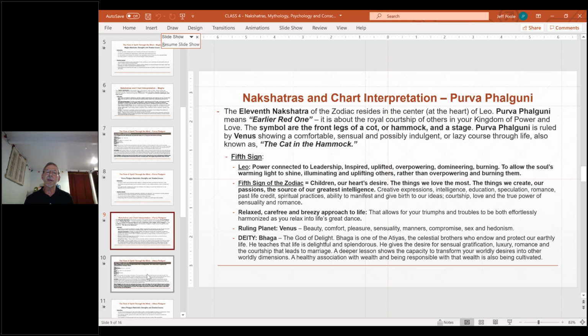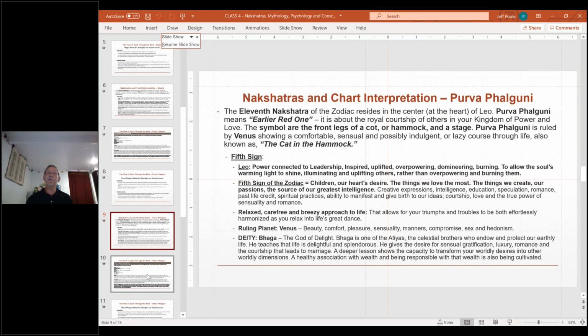There's a relaxed, carefree, breezy approach to life that happens here, because it's easygoing. It's where you want to fall in love with those things. So that allows for your triumphs and the troubles to be both effortlessly harmonized, because you can relax into the greater dance of life.